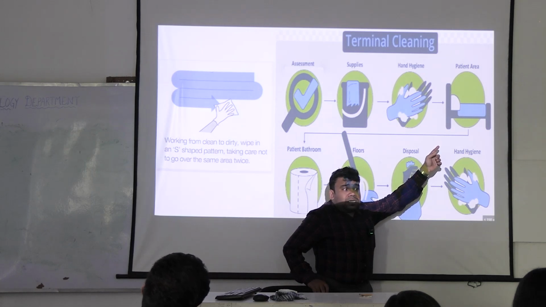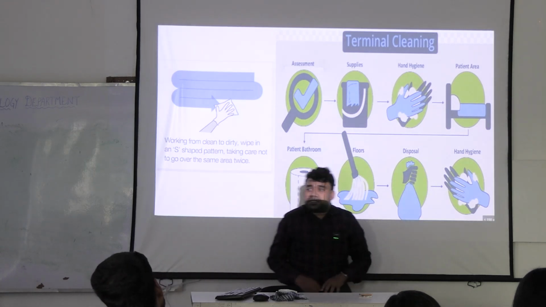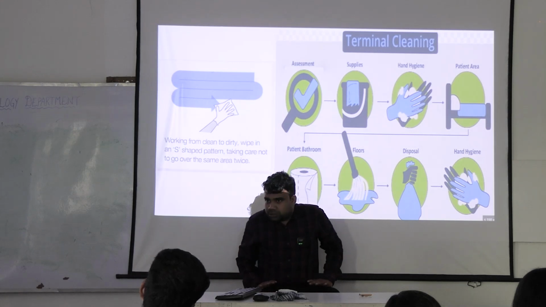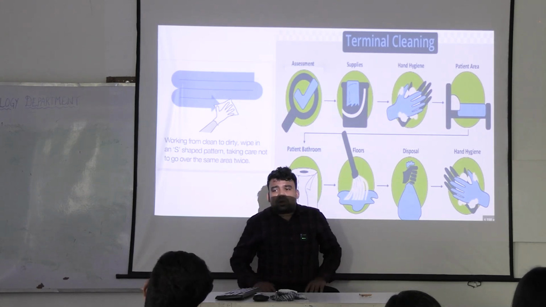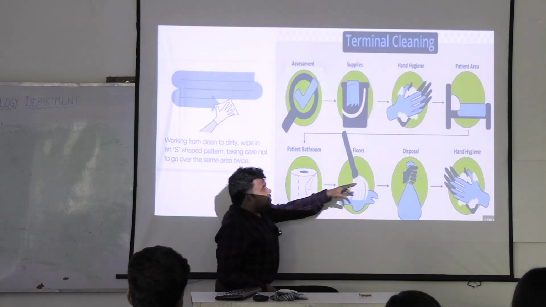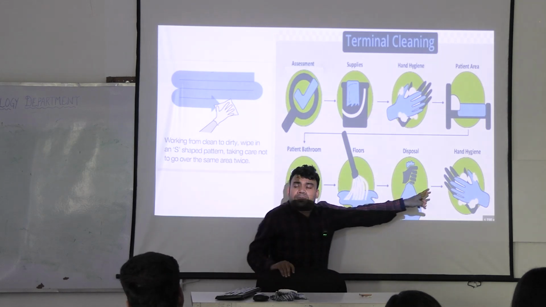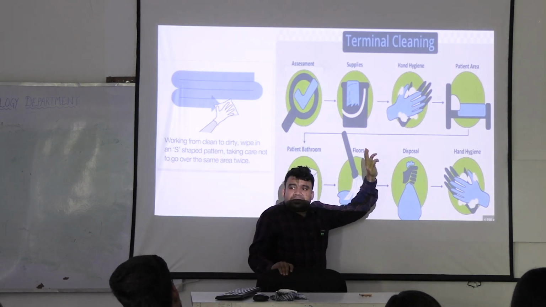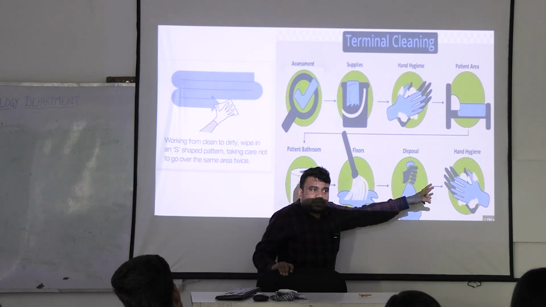Then first we need to clean the patient area. Why the patient area first? Because that area is probably the most contaminated. After that, again we have to do the hand hygiene because we have disinfected the most contaminated area.